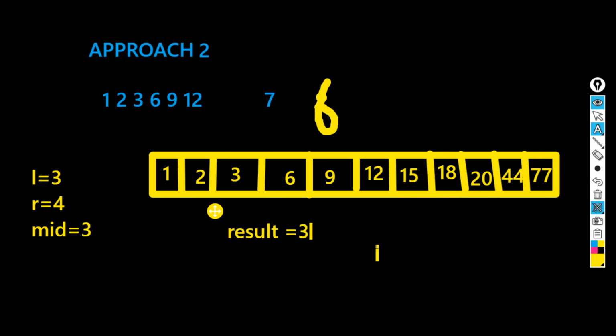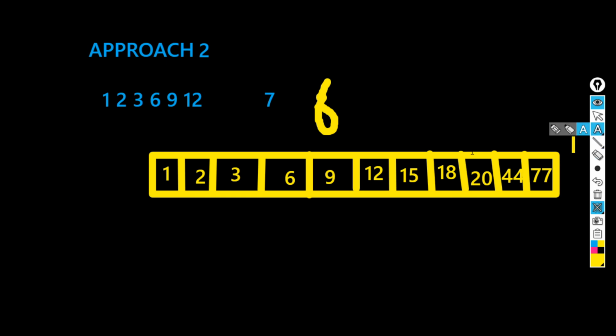Now we will check for 7. So for 7, first of all, L will be equal to 0, R will be equal to 10, and mid will be equal to 5. At this index the value is 9, so we will decrement R, and what will be the mid?